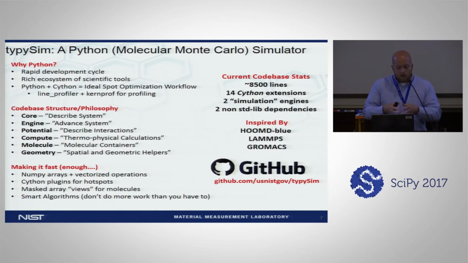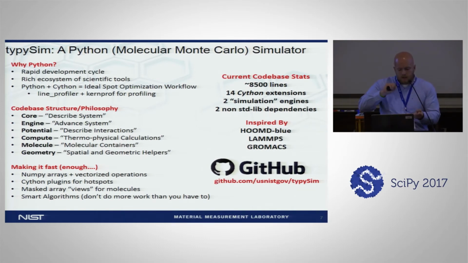And so we have our core directory where we contain all the containers and structures which describe the bonding and interactions within the system. We have engines. Engines are things that advance the system. This is either a Monte Carlo move or a Monte Carlo engine. Could be a molecular dynamics engine. I also have implemented a PACKMOL engine for those of you who do MD simulations.